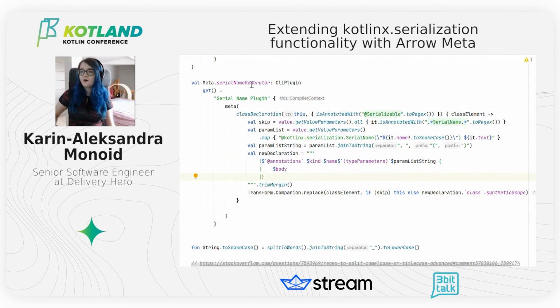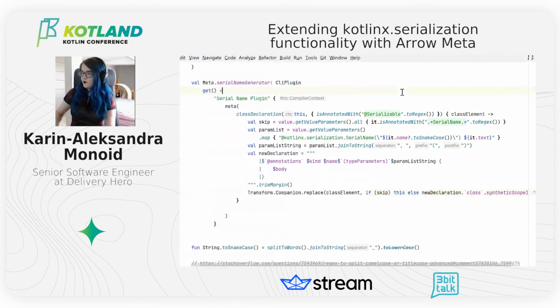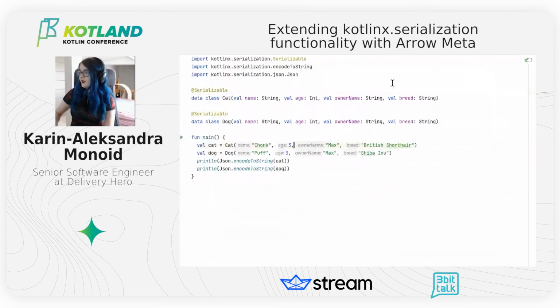So we have our plugin with a get method, with its name, with its class declaration, so the level where we are going to do our transformations. So our condition when we don't add the new annotation, parameters list, the transformation, and exactly the replace for this transformation. So let's get back to our main class.